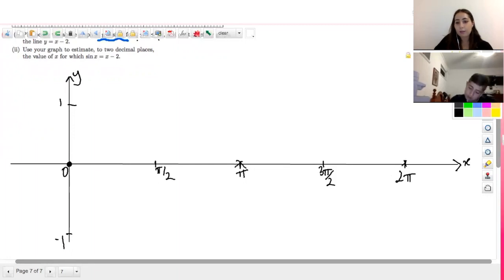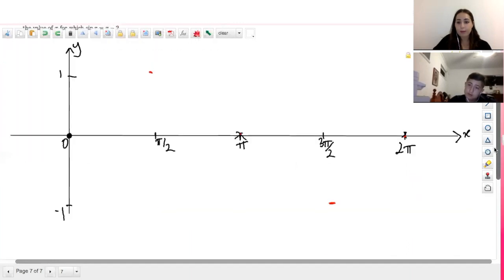So I'm just going to do the graph in red. Starts at 0, reaches a peak at pi on 2, and then hits the curve at pi. And then comes down, it reaches a trough at 3 pi on 2, and then hits the curve again at 2 pi. So that's pretty much what they've drawn up there, okay?